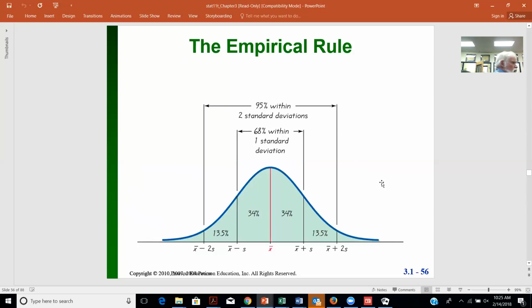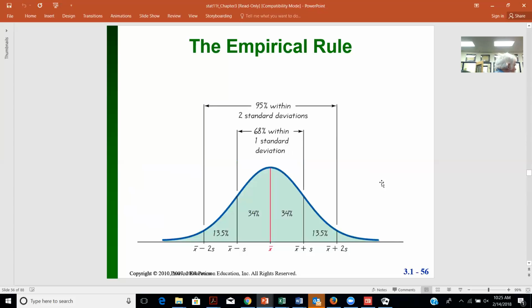Now, we will never necessarily get to 100%, for the simple reason that data can fall outside multiple standard deviations.